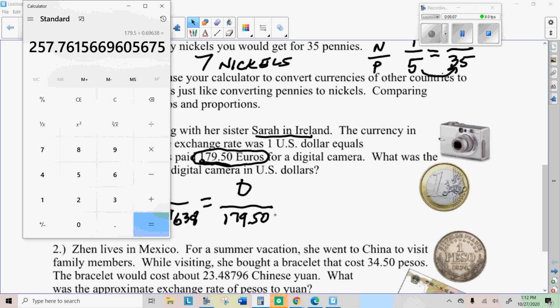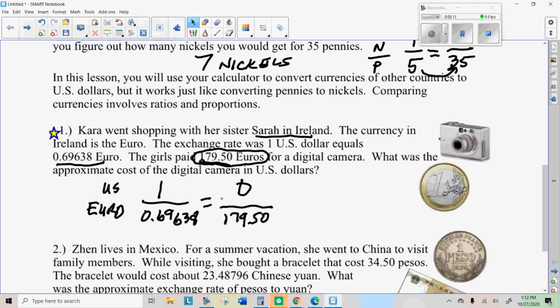Now, notice that it was just a division problem since we had 1 on the top there. And so if you can figure that out when you multiply, when you divide, that'd be awesome. Now, personally, I could tell that I would have needed to divide because for each 0.6938 euros in this number of euros, that equals $1. So I want to know how many times this number goes into that number. So I would divide to figure that out.